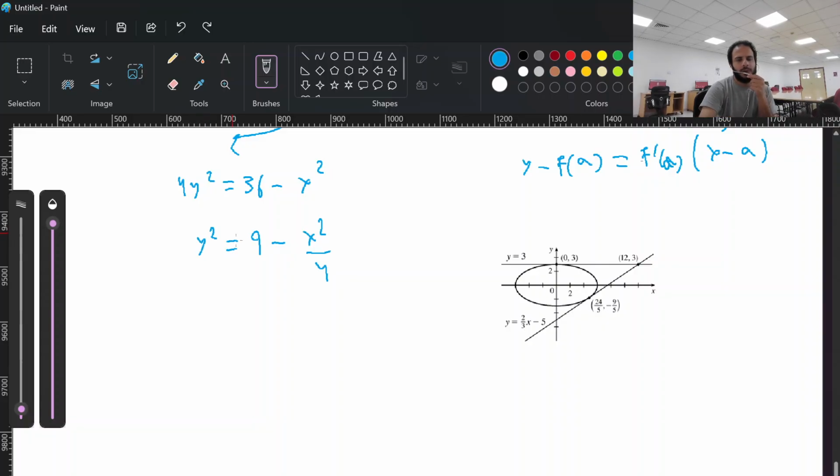Now, how to differentiate this? Implicit differentiation. Yes, so it will be 2y times y prime equals 9 is 0, minus x squared is minus 2x over 4, so minus x over 2, right? Yeah, x over 2.